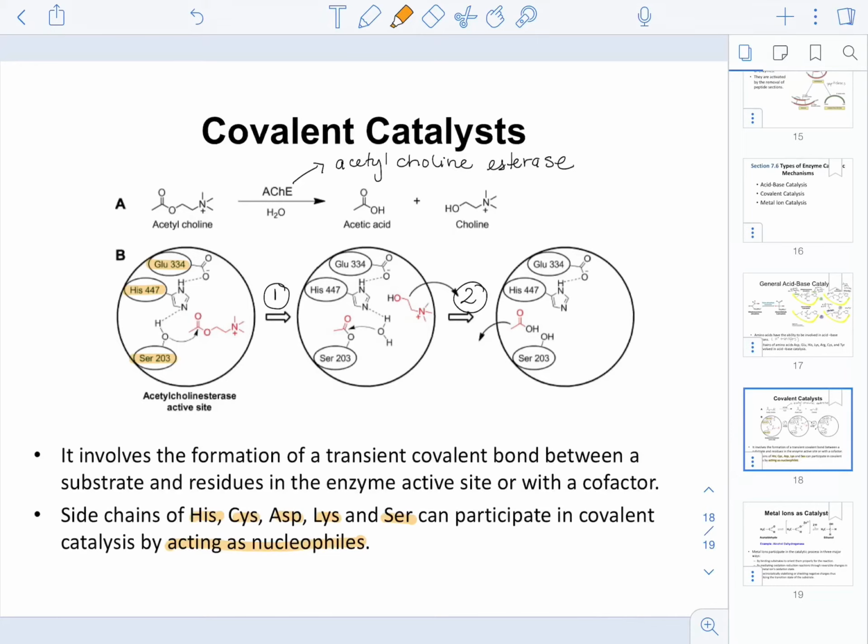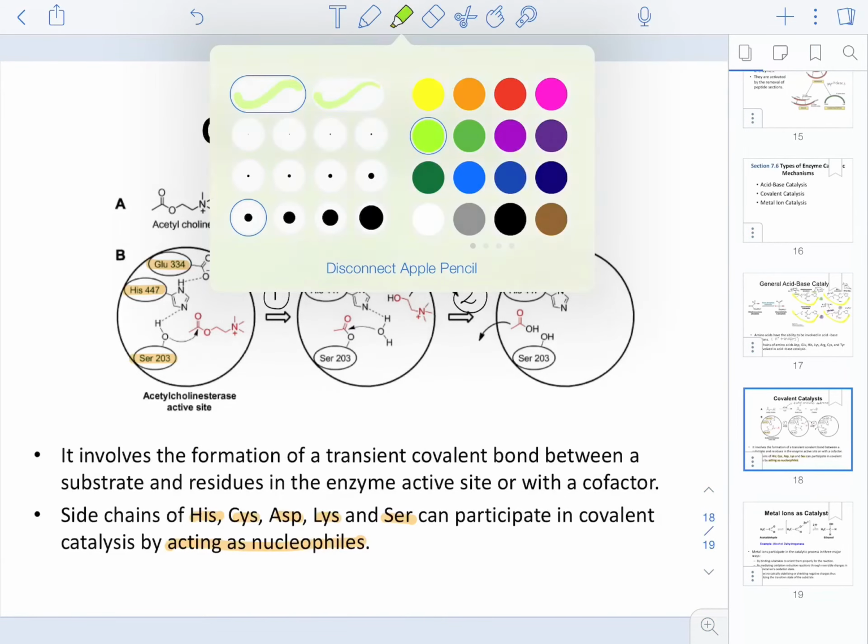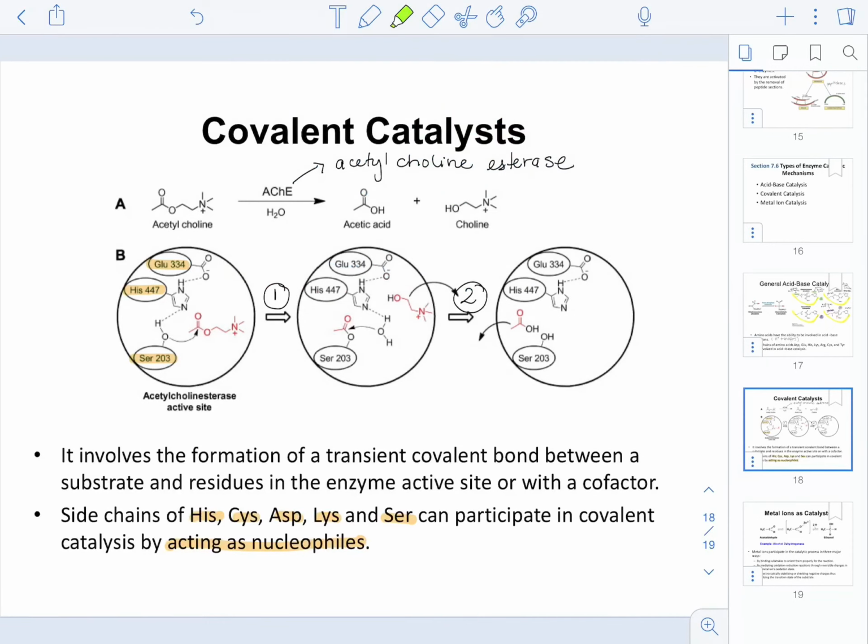As you can see, we see some dotted lines present between some of these residues, specifically between glutamic acid or glutamate and histidine, and also between histidine and the hydrogen in the serine.